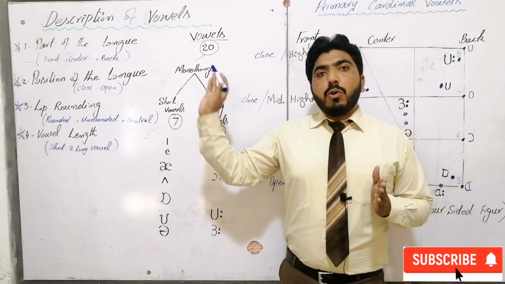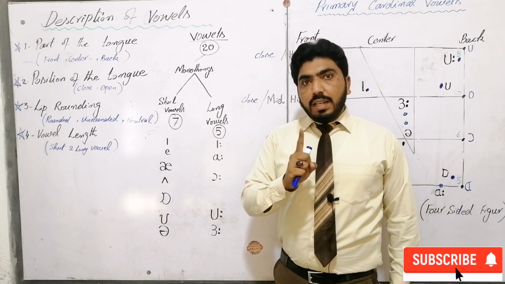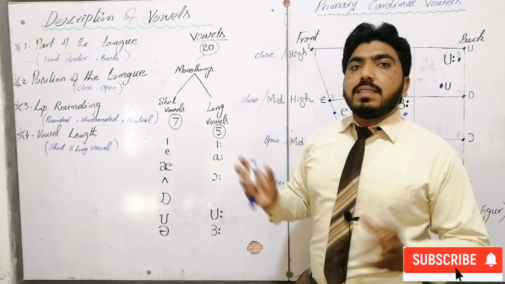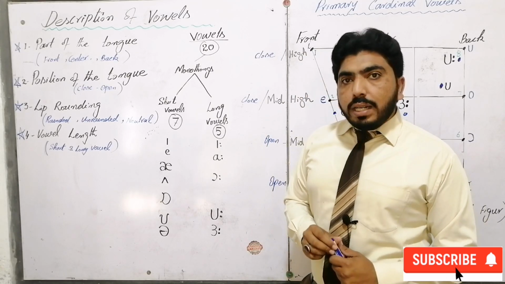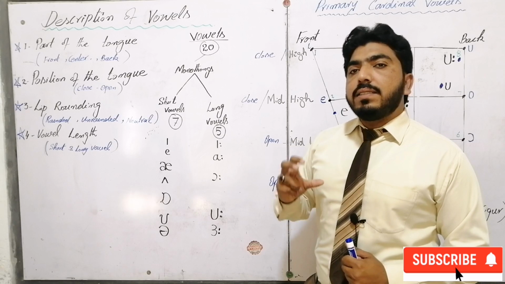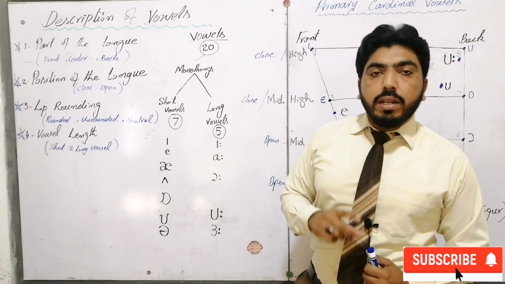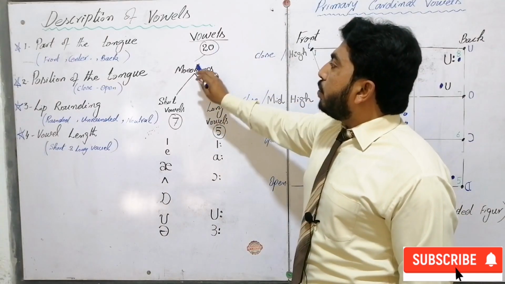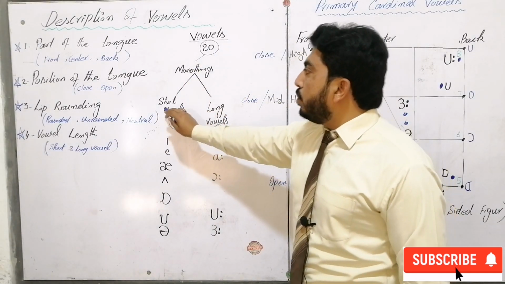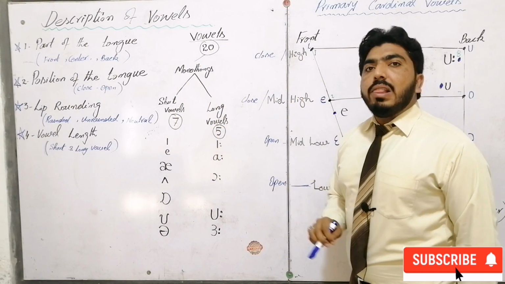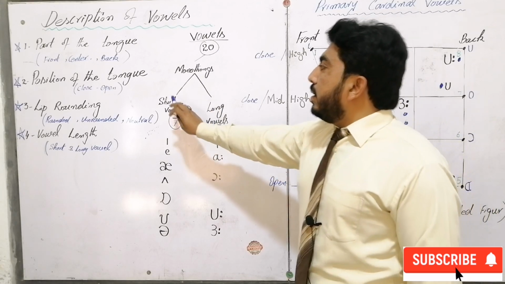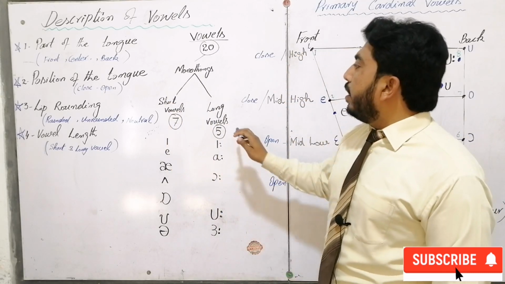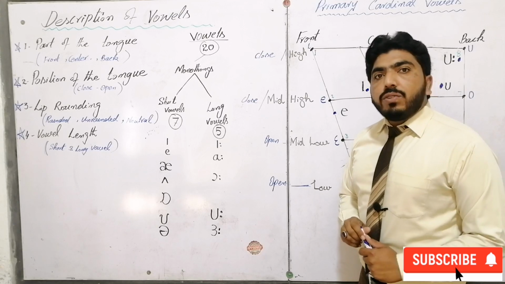Monophthongs consist of a single sound, and these sounds don't have the quality of gliding as is present in diphthongs or in triphthongs. These 20 vowel sounds are further classified into short vowel sounds and long vowel sounds. There are 7 short vowel sounds and 5 long vowel sounds.